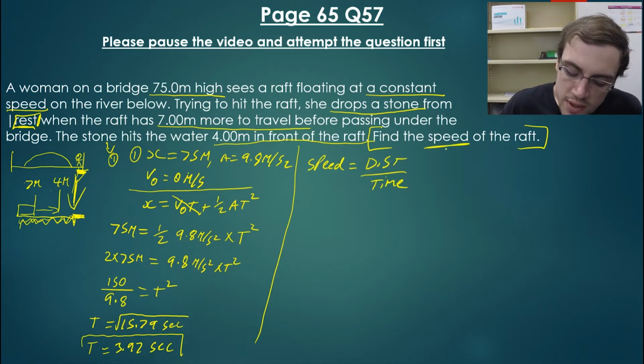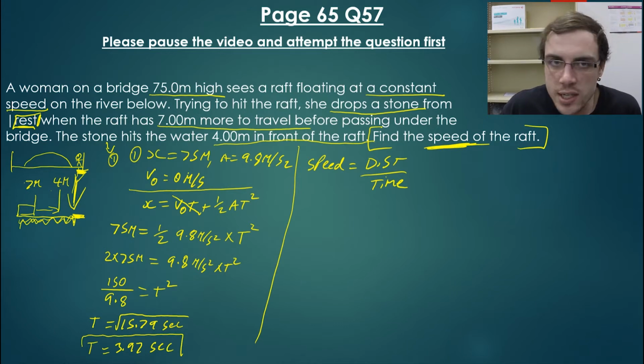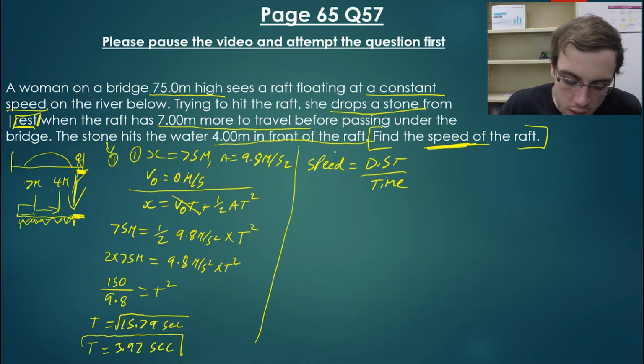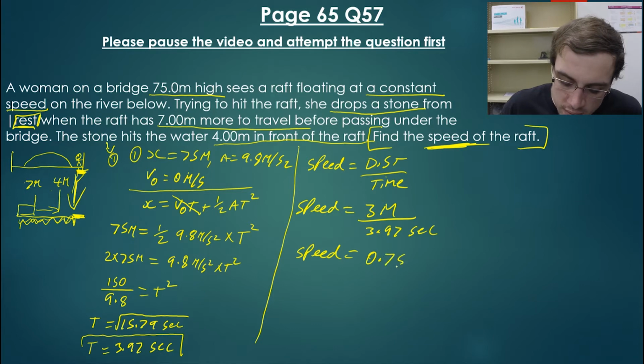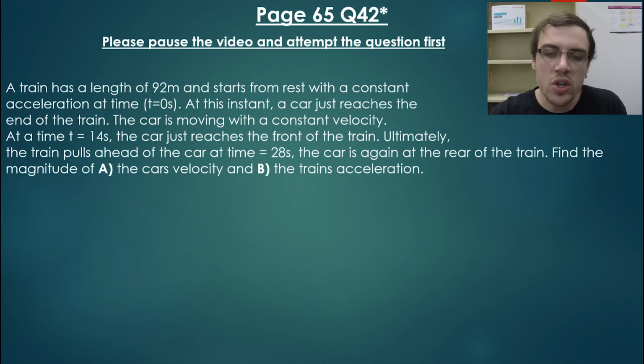Because the question's asking for the speed, not the velocity, we can go the speed of the raft is equal to the distance. In the time it took for that stone to fall, it traveled 3 meters over how long it took, which was 3.97 seconds. Which means the speed of the raft is going to equal 0.756 meters per second.